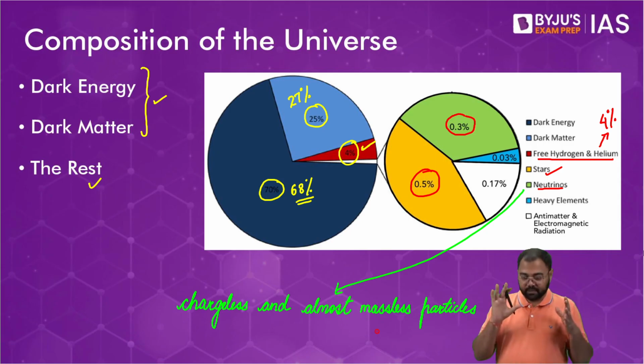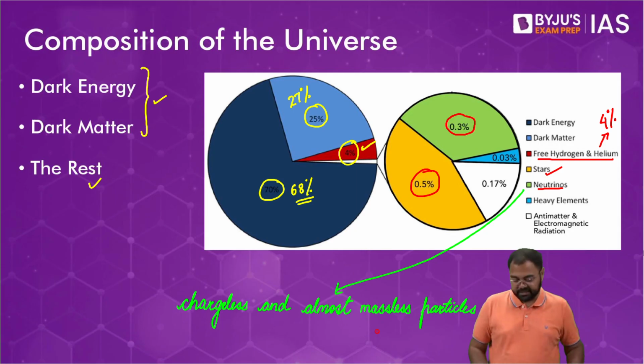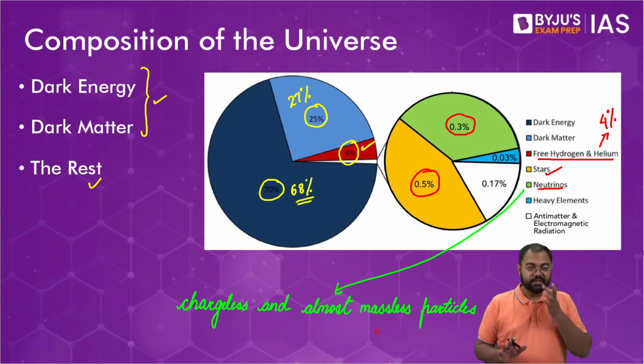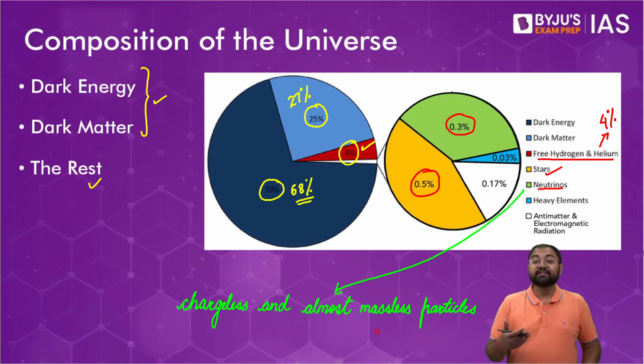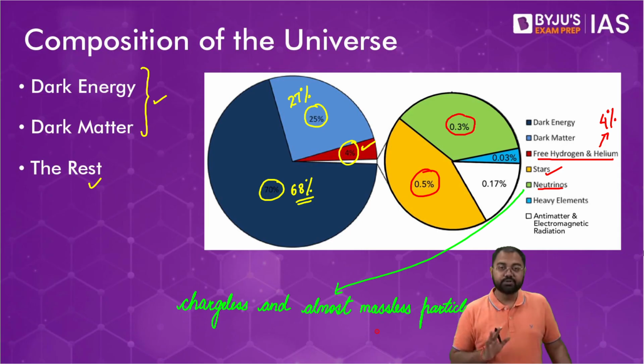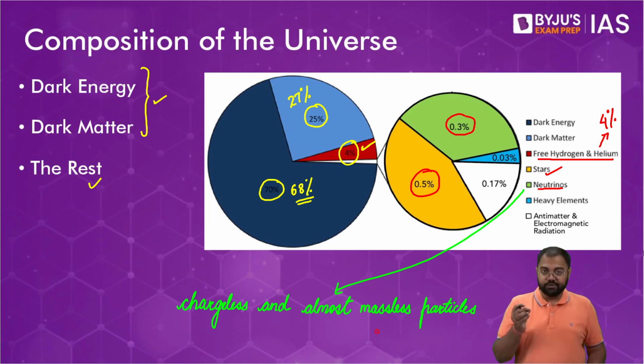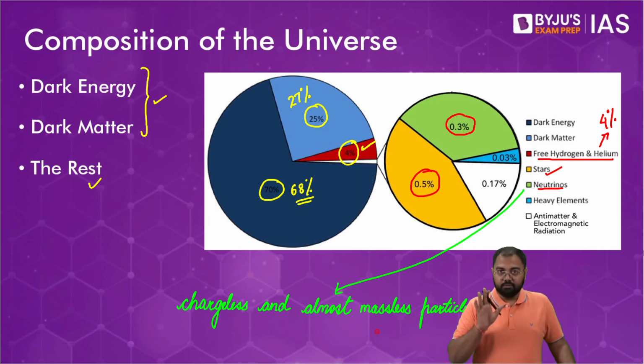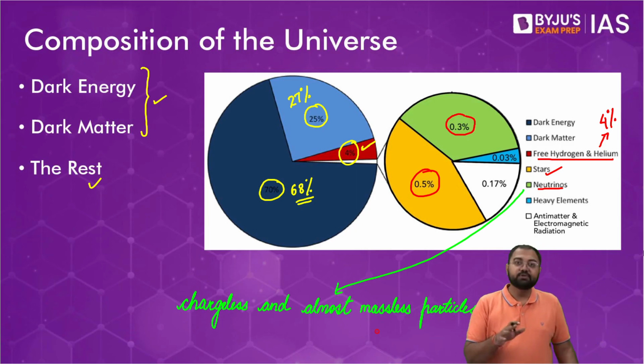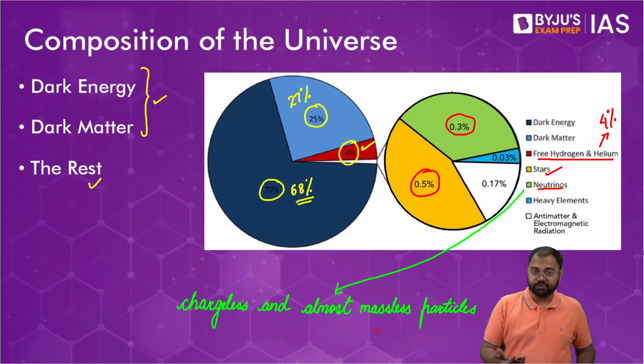So that's why neutrinos, these chargeless and almost massless particles, and there are a lot of natural phenomena that lead to their formation. Anything nuclear, for example, nuclear fission reactions, nuclear fusion reactions, can lead to the formation of neutrinos. Similarly, there is a phenomenon called supernova that we are going to discuss later. Supernova also leads to the formation of a lot of neutrinos.